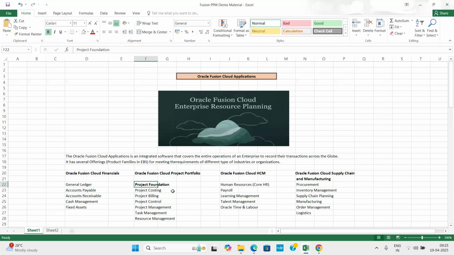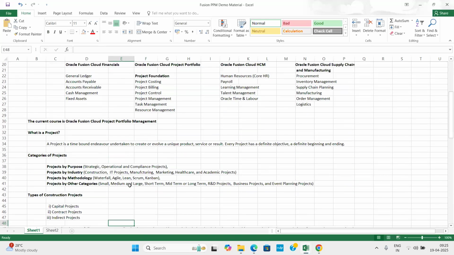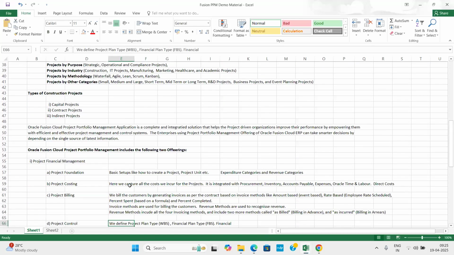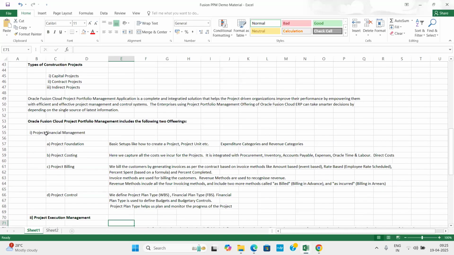Then the project costing module comes into the picture. These two come under project financial management, PFM. So now we have two categories here. One is project foundation and costing, which comes to the project financial management.